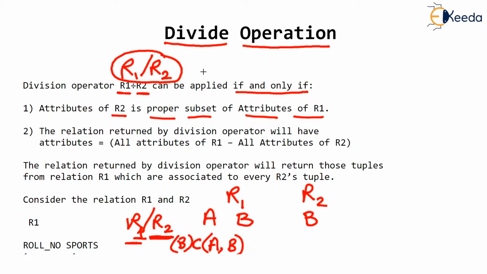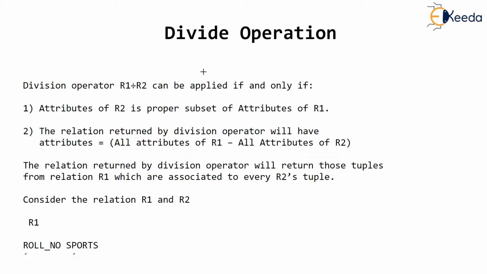Check that with another example. Suppose I have two tables R1 and R2 again, and I want to divide R1 with R2. Let's say R1 has two columns A and B, and R2 has two columns B and C. Now, is R1 divides R2 possible?